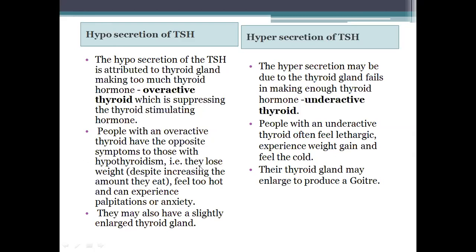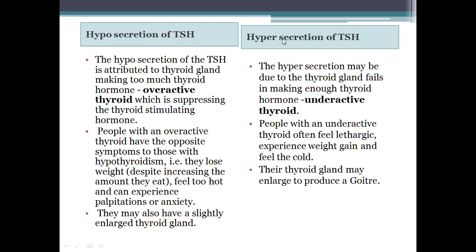That means the person may lose weight despite increasing the amount of food they are eating. In spite of that, they may lose weight because of the overactive thyroid. They feel too hot and can experience palpitations or anxiety under hyposecretion of TSH, especially with an overactive thyroid. And they may also show an enlarged thyroid gland.